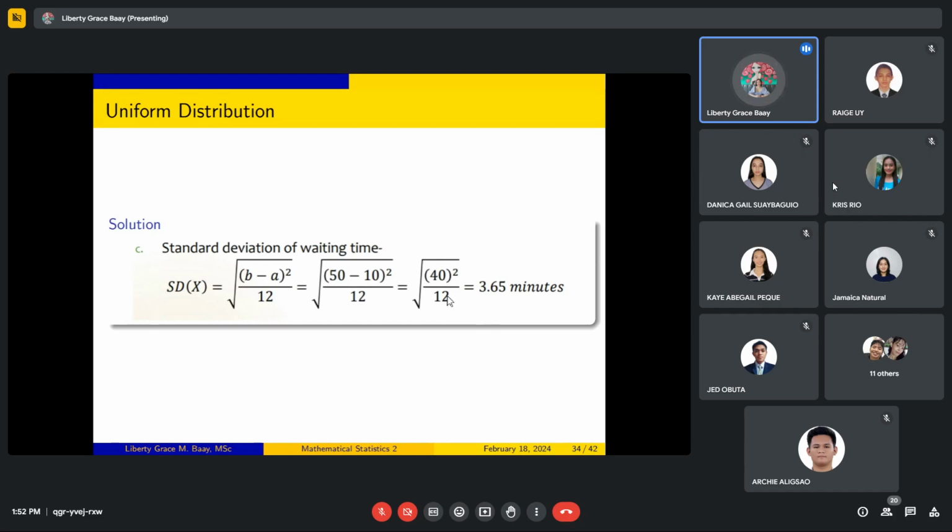Taking the square root, so you get 3.65 minutes. Okay? So don't worry class kung maghatag mga seat works or activities, specify man na ako unsa inyong gamiton nga distribution. Sa inyong binomial ba, Poisson, or uniform, or normal distribution. Okay, so that is for the uniform distribution.